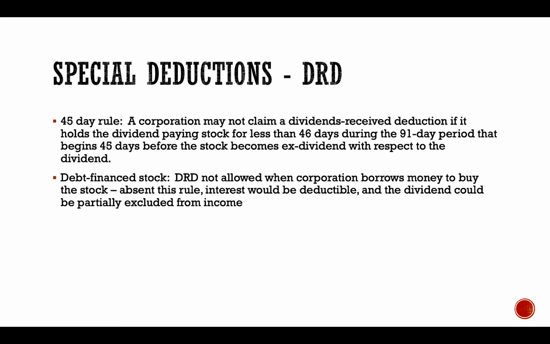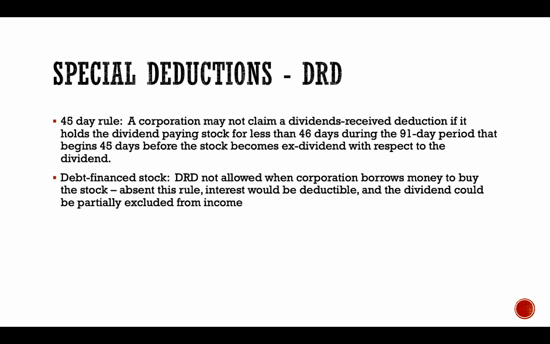And this is to prevent abuse, because I could buy a stock, receive a dividend, and then sell it at a discounted rate when the share price falls, because we know when a corporation pays a dividend, the share price is going to fall because there are less assets in that corporation. So I could buy a stock, get a dividend, get the dividends received deduction, so not pay as much tax on that dividend, and then sell the share at a lower price, so also take a loss. So that would be abuse.